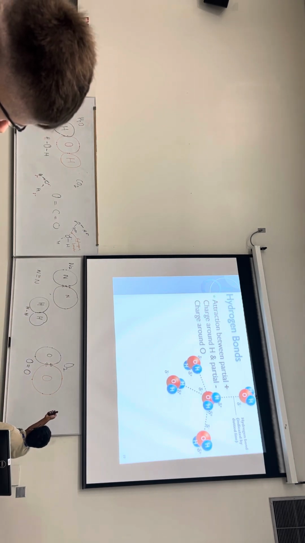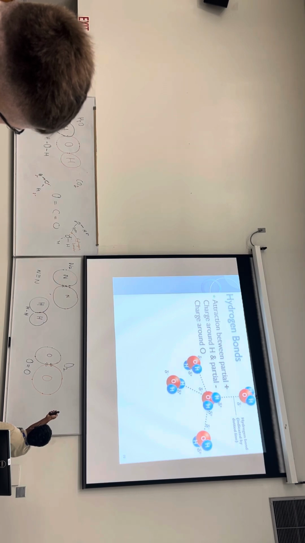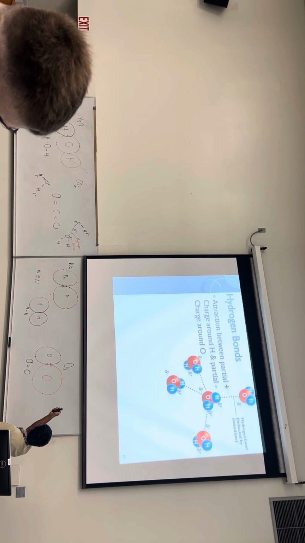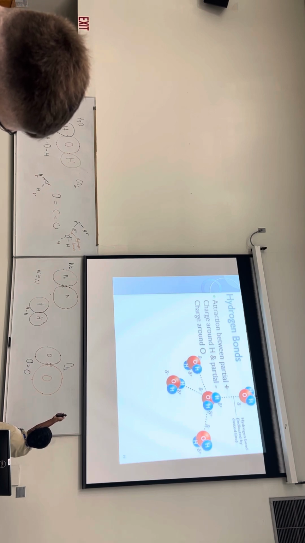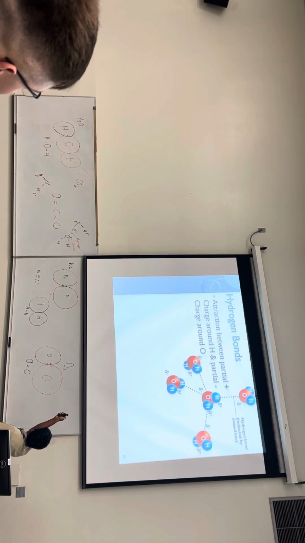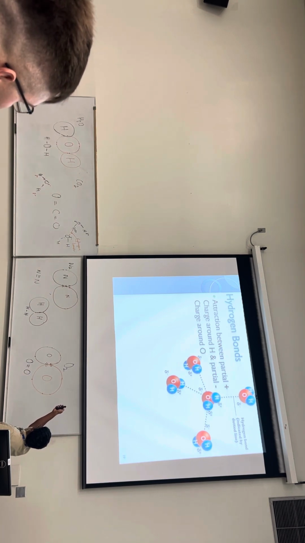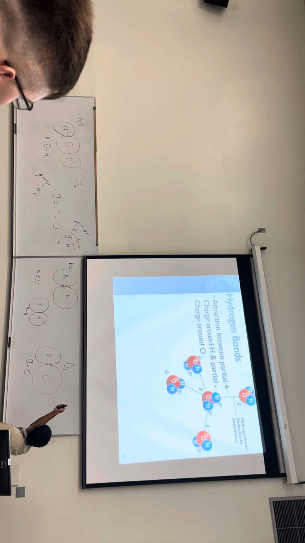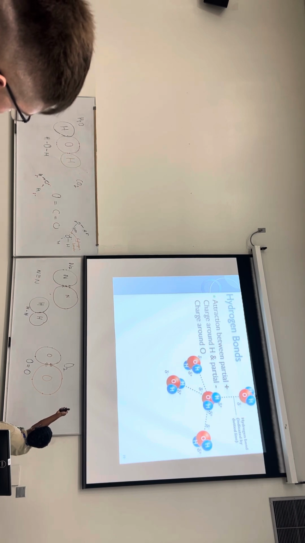This is water, the red is the oxygen, hydrogen is the blue. So the oxygen side is partially negative, hydrogen side partially positive. Here is another water molecule, so the oxygen will attract this hydrogen part of this water molecule. That's the hydrogen bond.